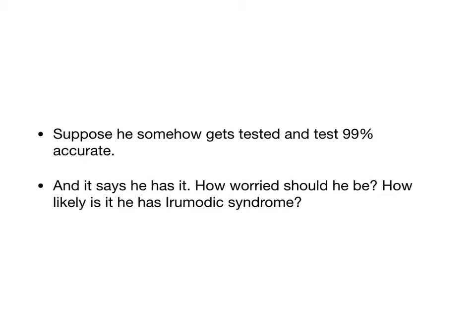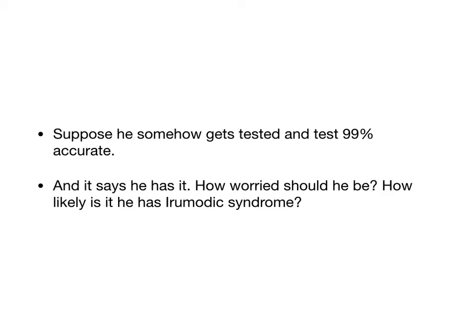Suppose that this guy Pat somehow gets tested and the test is 99% accurate. Now, for reasons I'll talk about, I don't think in this situation any doctor worth his medical license would actually give him a test, but imagine he somehow got tested.